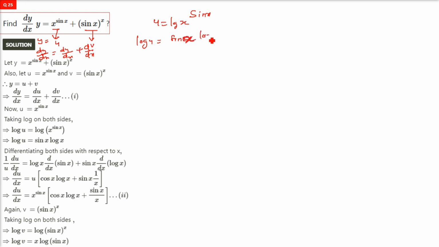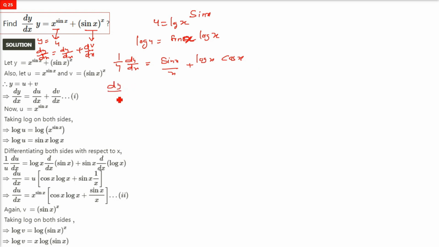And then we will differentiate both the sides. The differentiation will be 1 by u du by dx is equal to, we'll do using the product rule. So sin x times 1 by x plus log x times cos x.